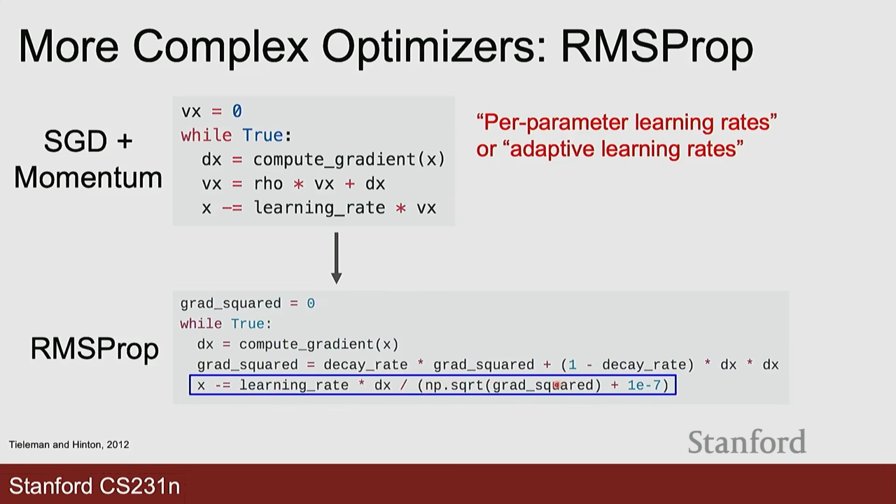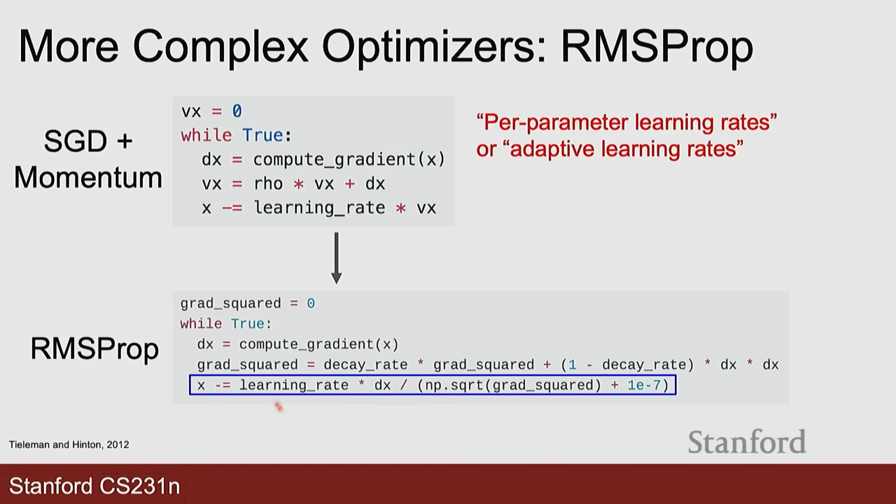For values of w in which the derivative is very large, we'll divide by a larger value, so we'll step not as far in that direction. In the more flat regions, we'll step farther because we're dividing by a smaller term. This is the basic intuition behind it, and it addresses the question someone had earlier about changing the way we step in the direction.